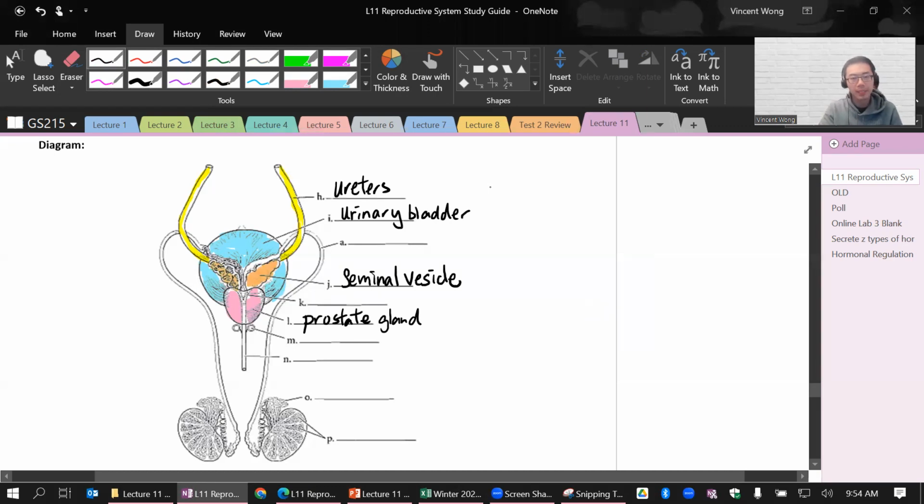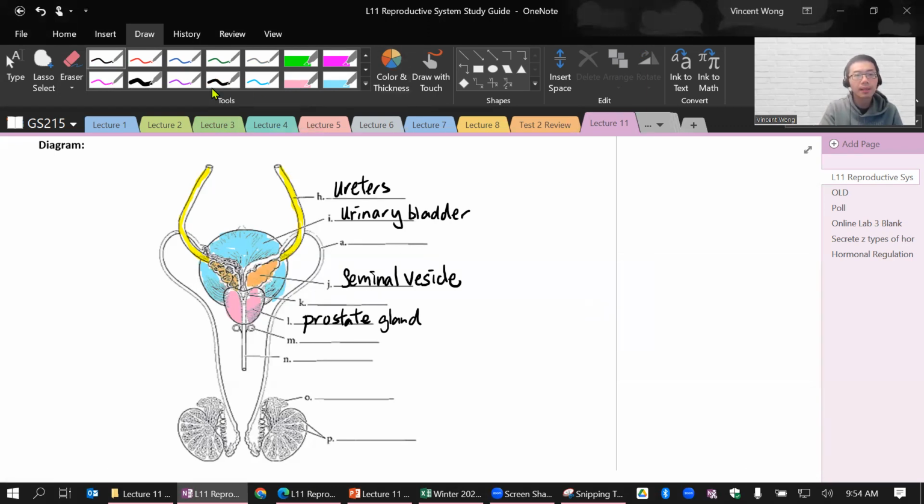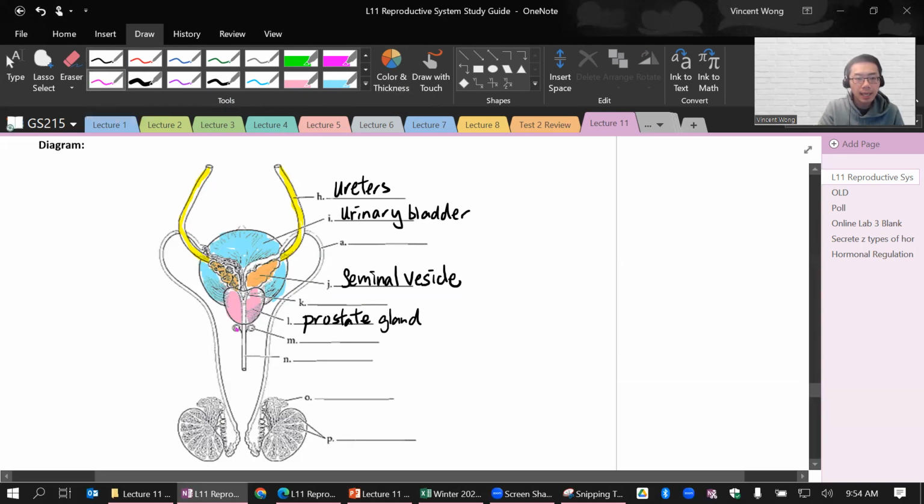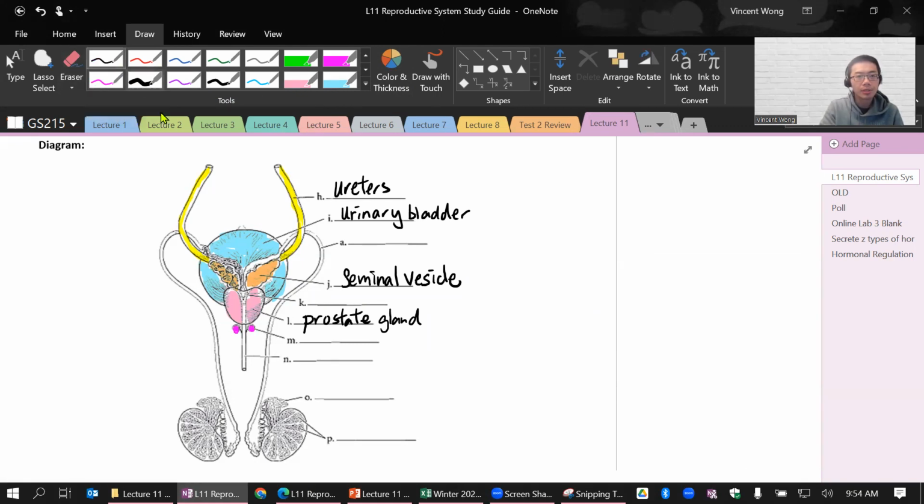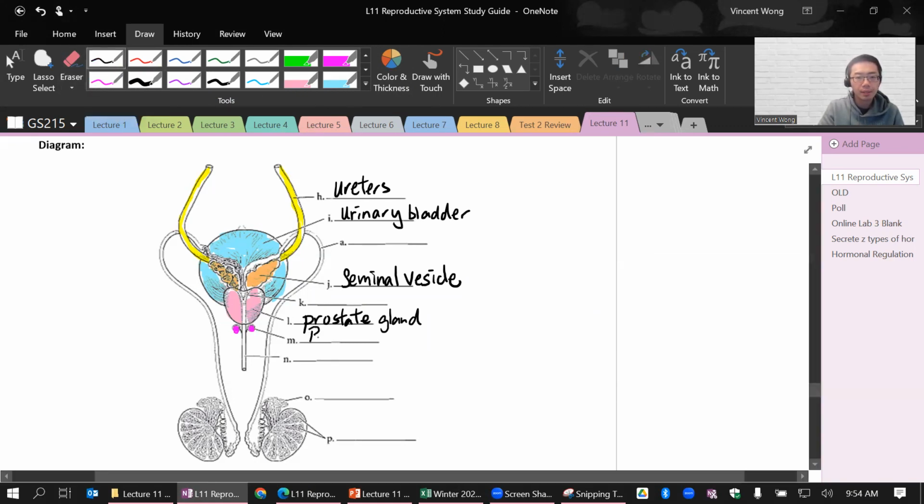We'll talk about them in the PowerPoint slides. And then the last gland that contributes to the semen is M, which is the bulbourethral gland, also called Cowper's gland.